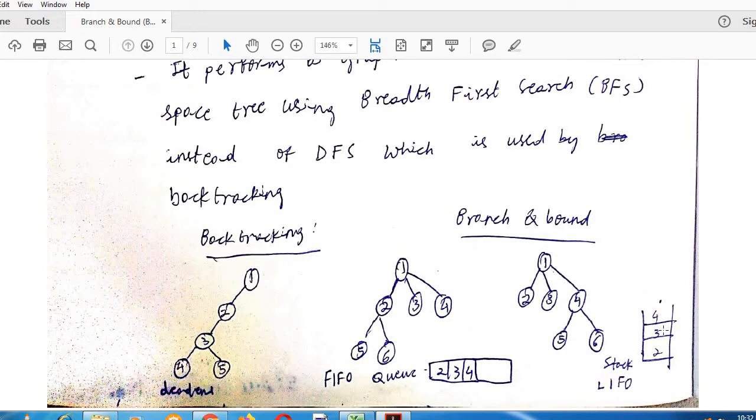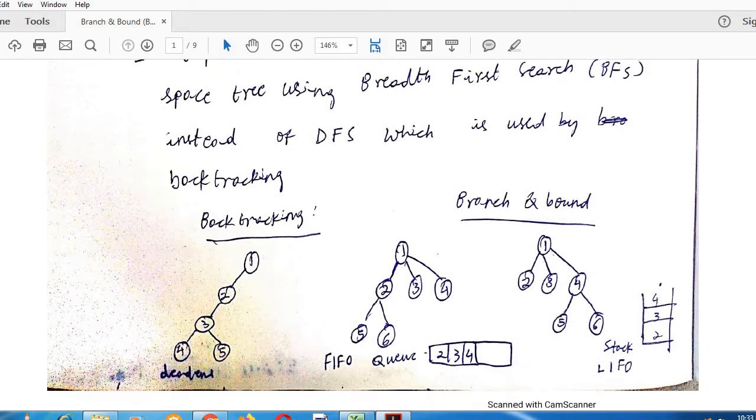Then node 3 will be traversed, and that will be placed at the top of the stack. Then node 4, which was traversed, will be placed at the top of the stack. Then I will be traversing the next level nodes. Whenever I traverse a particular node, the recently traversed node will be pushed to the top of the stack. This process continues until we traverse all the nodes in the tree.